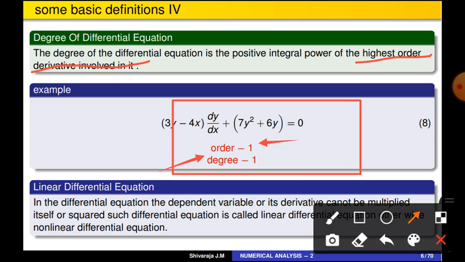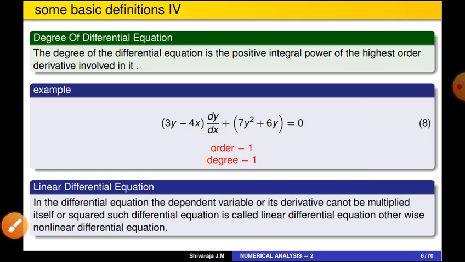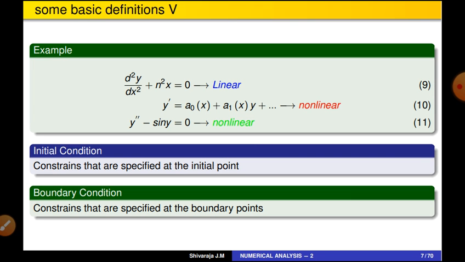Now similarly, what is a linear differential equation? In a differential equation, if the dependent variable or its derivative is not multiplied by itself or squared, such a differential equation is called a linear differential equation, otherwise a non-linear differential equation.